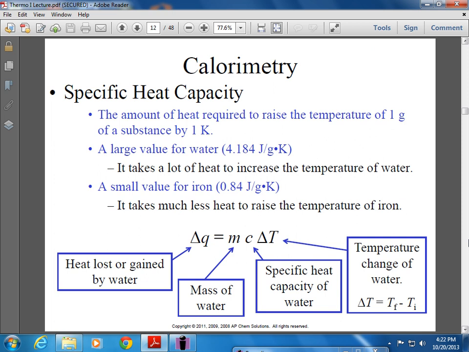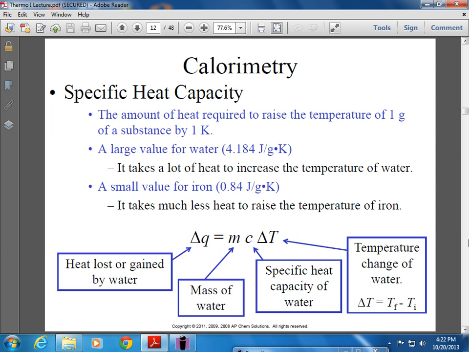It's not a great conductor. It has a high specific heat capacity. It means that it doesn't readily transfer the heat very well. Look at that value compared to iron in this case, 0.84. That means it only takes 0.84 joules to raise 1 gram of iron 1 Kelvin.